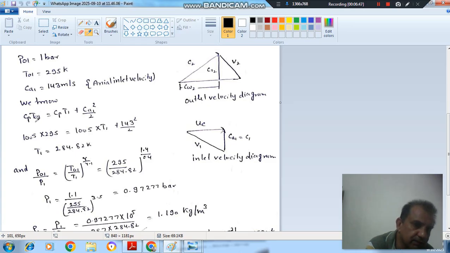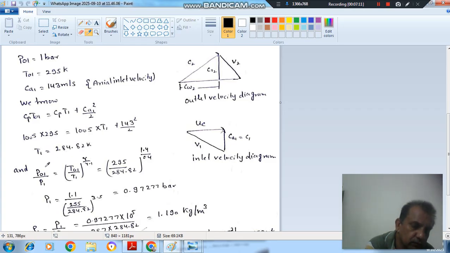So total energy is Cp T01 and thermal energy is Cp T1, and this is your kinetic energy per unit mass. Putting T01 as 295 and CA1 as 143, we can find out T1. So this is the inlet temperature of the air.